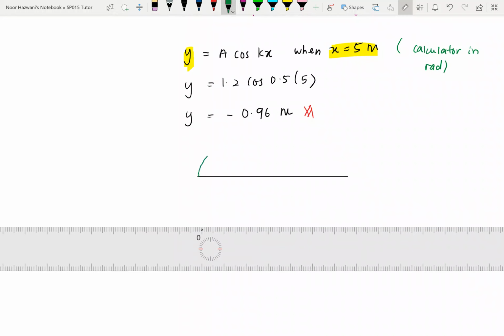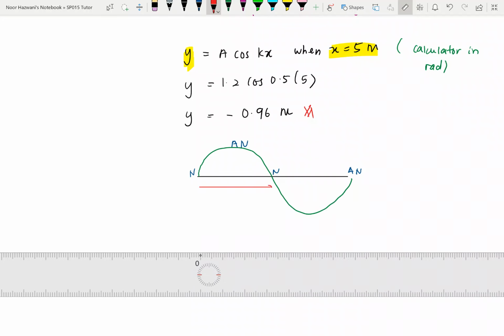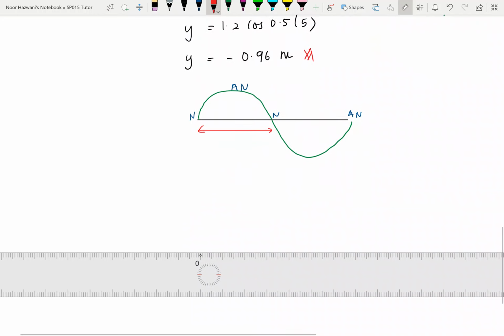Okay, so kita label lah mana node. So, ini adalah node, ini adalah anti-node. Ini adalah node, ini adalah anti-node. So, yang dia nak sekarang adalah jarak daripada node ke node kat sini. Okay. So, node ke node, jarak dia adalah lambda per 2.